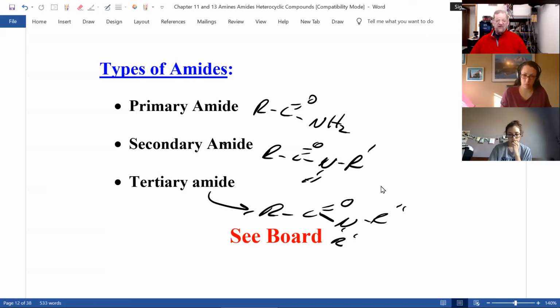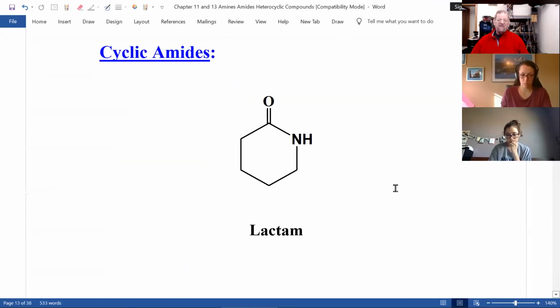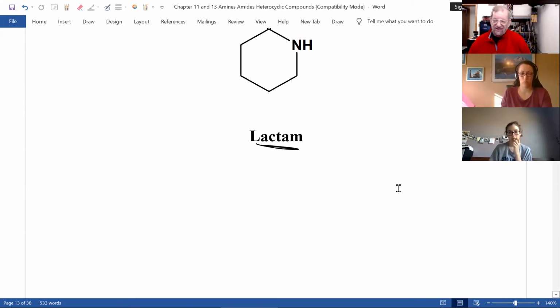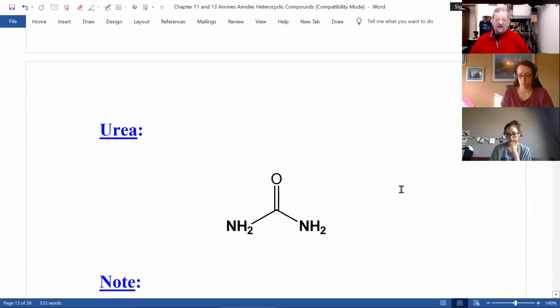And this is where in secondary, R prime is not hydrogen, and in a tertiary amide, R prime and R double prime are not hydrogen. Switch is off. I don't know why somebody decided you can have cyclic amides, just like you can have cyclic esters, and they call them lactams, but they're still amides. Why they did that, I don't know. Switch is off. All right, switch is on.